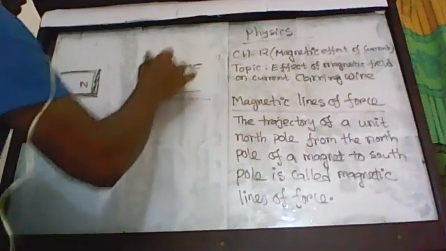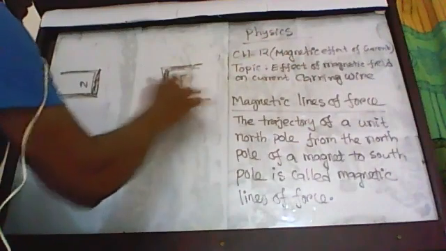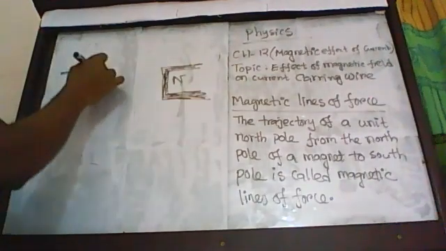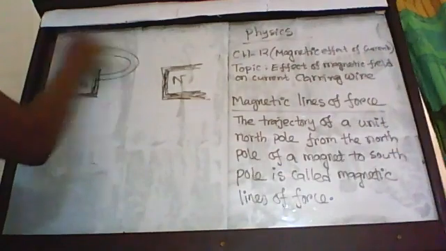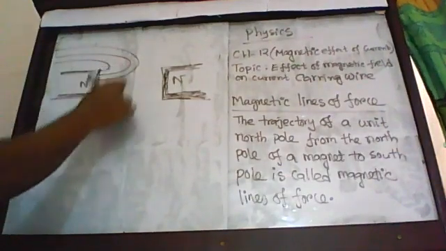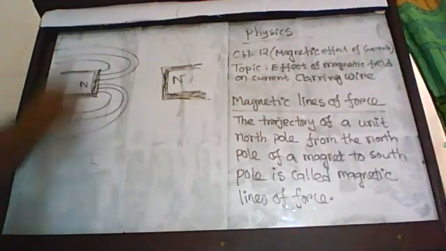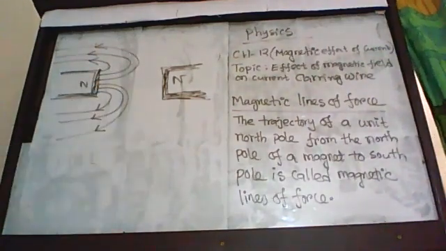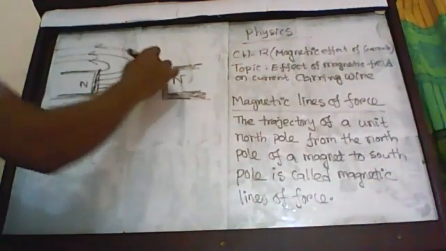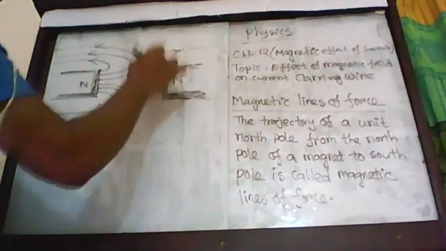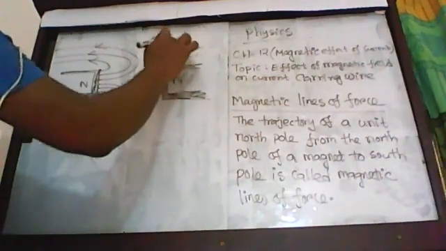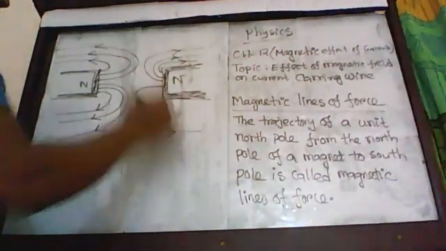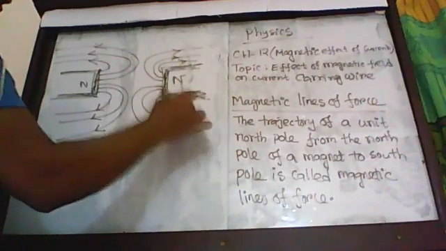Lines of force go from north pole to south pole, and another line of force comes out from this part and also goes in this direction.